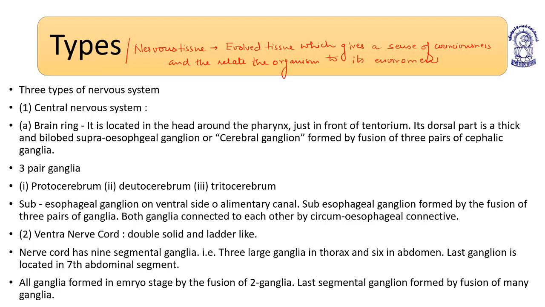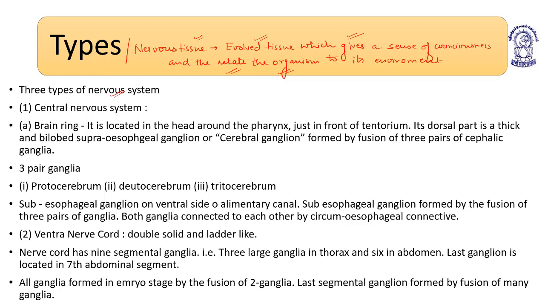So my dear students, nervous tissue is a highly evolved tissue during the timeline of evolution of different organisms. It gives a sense of consciousness and it helps to relate the organism to its environment.